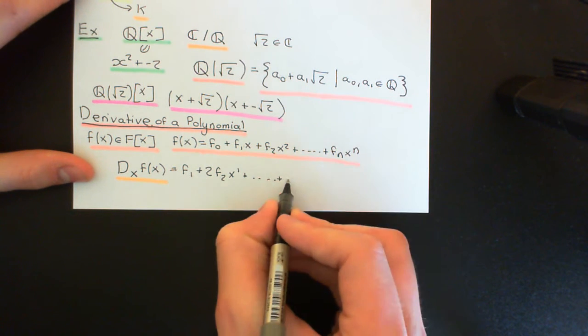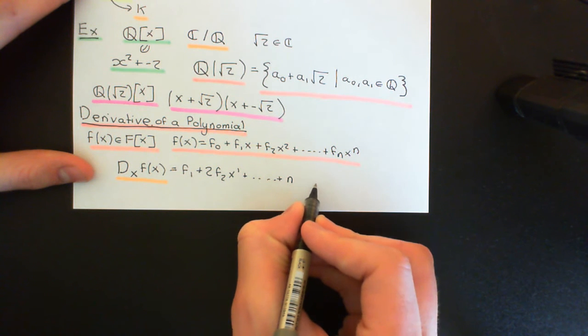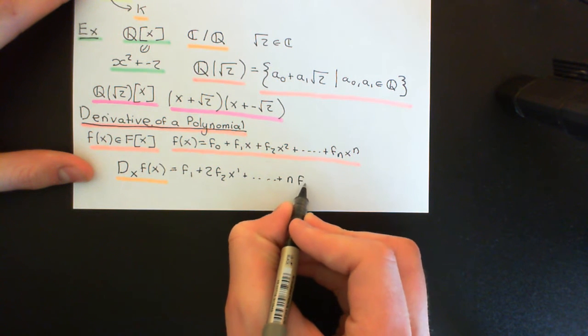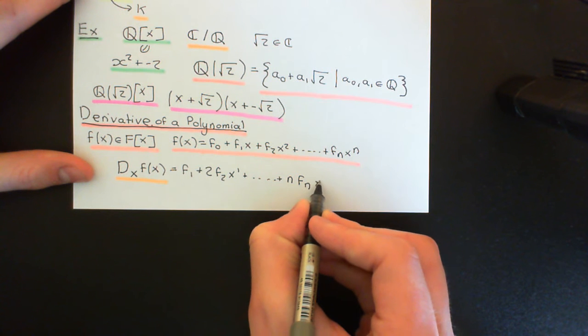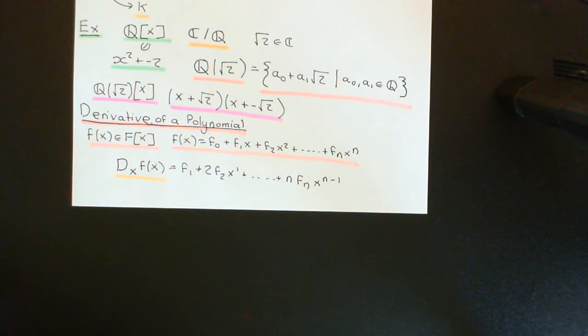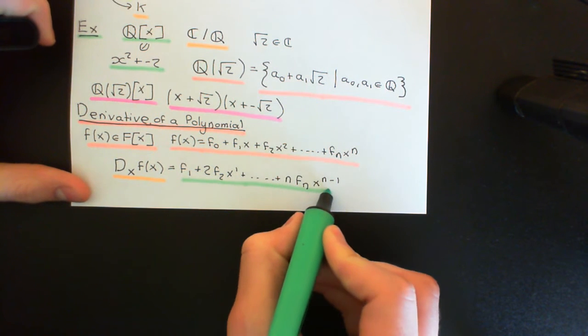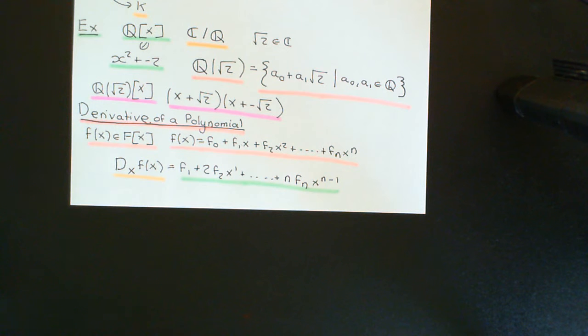So you'll multiply through by the old power, which is n now, and that's just 1 plus 1 plus 1, n times. That will multiply the coefficient fn, and then you'll lower the power here by 1, so it'll go to x to the n minus 1 here. Okay, so that then is how we're going to define the derivative of this polynomial.